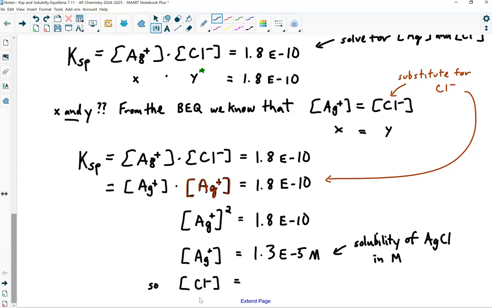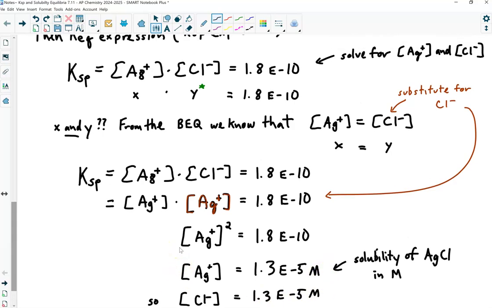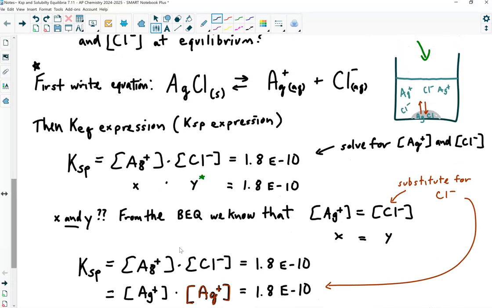So what's the chloride ion concentration? It's going to be the same, okay? Because there's a 1-to-1 mole ratio between silver ion and chloride ion, you can say that that is the solubility of AgCl. AgCl itself is never going to be more than 1.3 times 10 to the negative fifth molar. Got it?